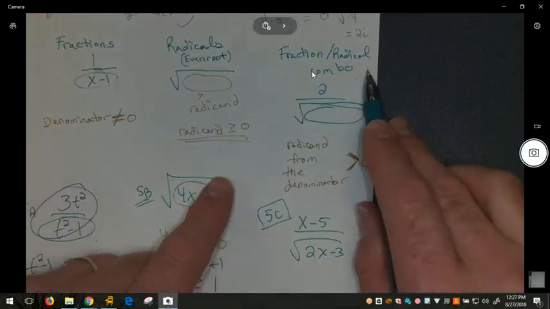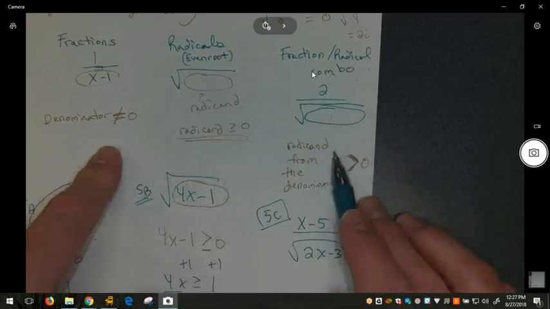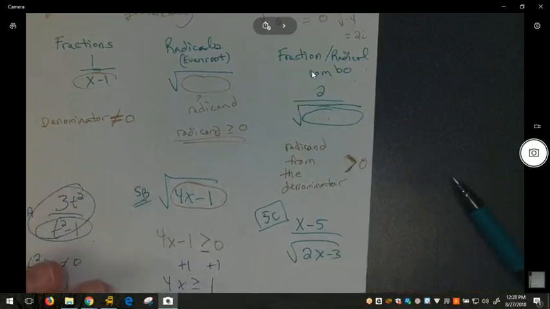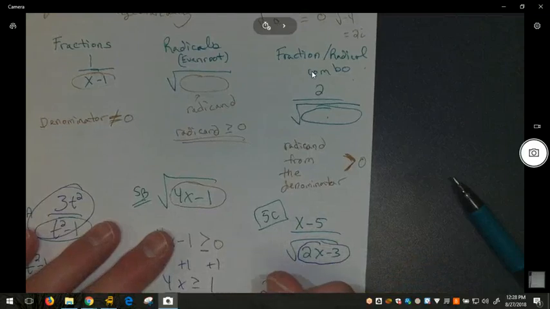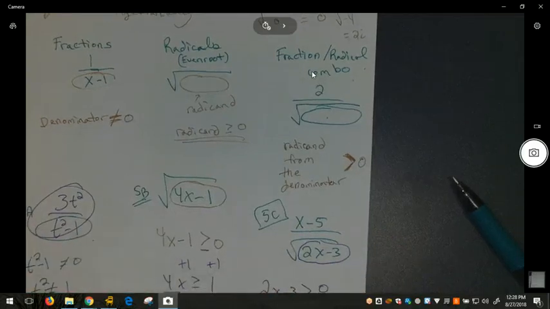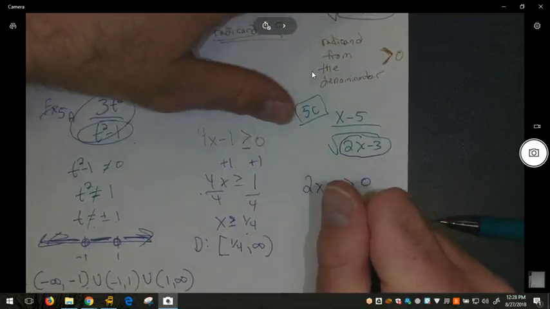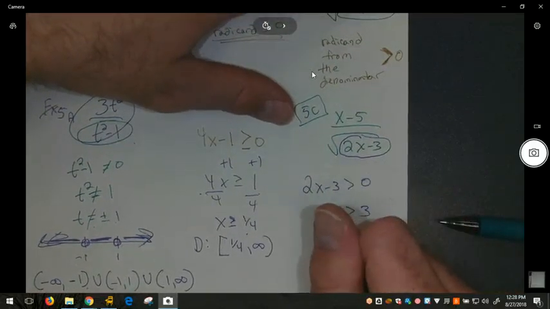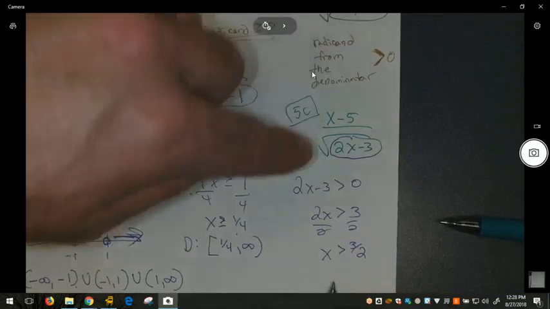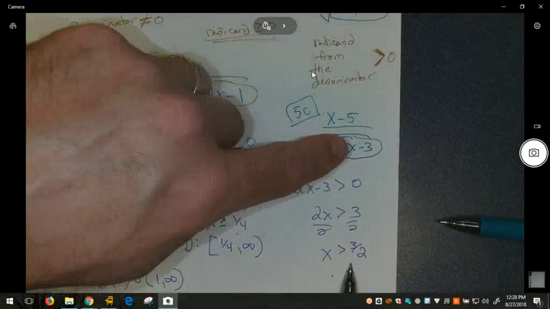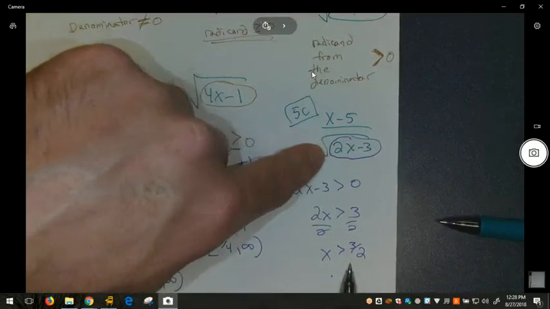Because it's a radical, the radicand has to be greater than or equal to 0, but the denominator cannot equal 0, so we're going to set the radicand of the denominator to be strictly greater than 0. So when I add 3 to both sides, I have 2x is greater than 3, divide by 2, x is greater than 3/2. For this, as long as x is greater than 3/2, it will result in a real number answer when we take the square root.